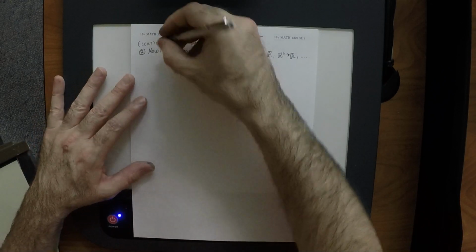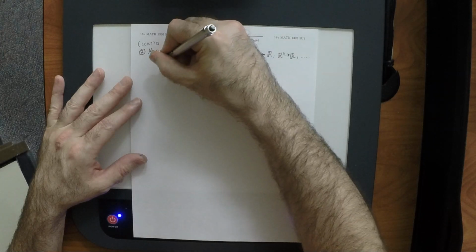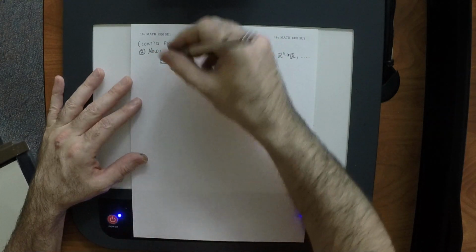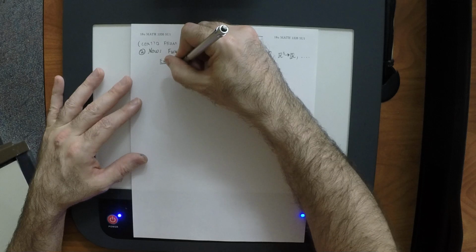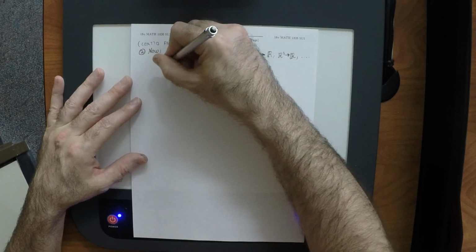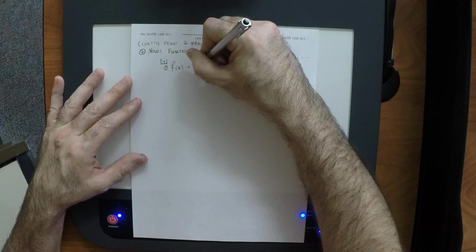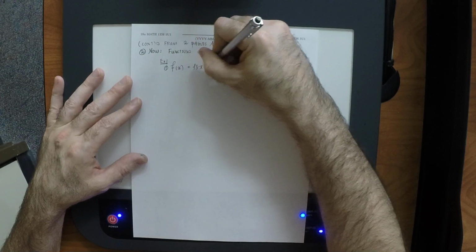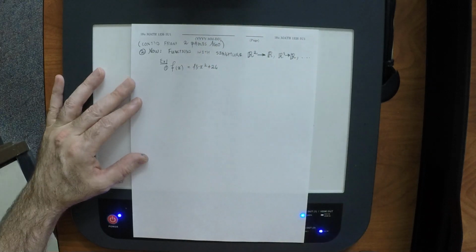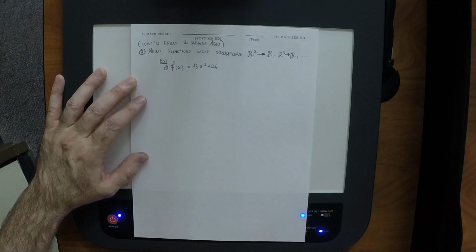An example of this would be the following. This function f of x is 13x squared plus 26. That's what we wrote two pages ago.